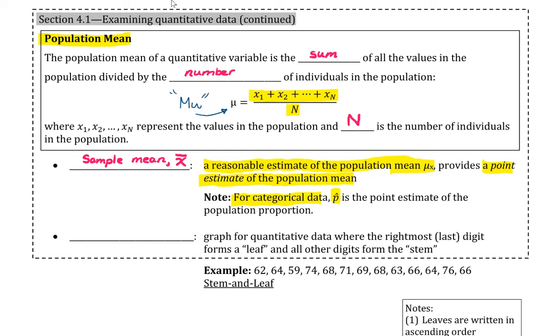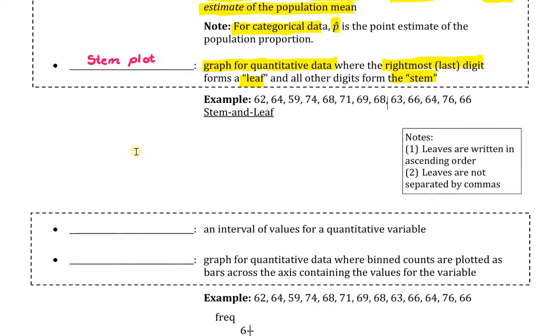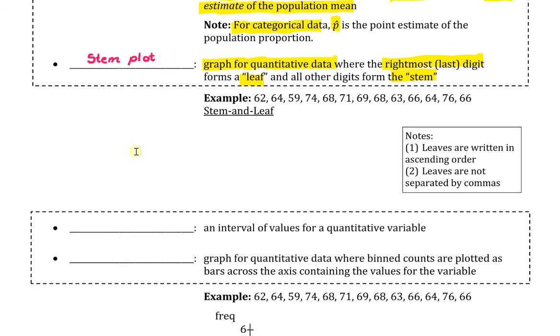Another type of graphic that we would like to be comfortable with is the stem plot. This is another graph for quantitative data where the rightmost or last digit forms a leaf and the other digits form the stem. Let's look at an example of a stem and leaf plot with the following data.